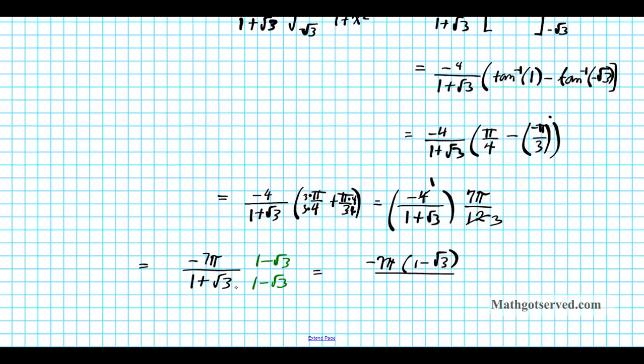And then in the denominator, this is a difference of squares in factored form. So if we multiply together, we just have 1 squared minus root 3 squared. So that's going to yield, oh yeah, we had a 3. Let's not forget that. There's a 3 down here. So I have a 3. And then we still have to retain that 3. Okay, so let's see. In the numerator, I have negative 7 pi times 1 minus root 3. And then in the denominator, we'll simplify it.